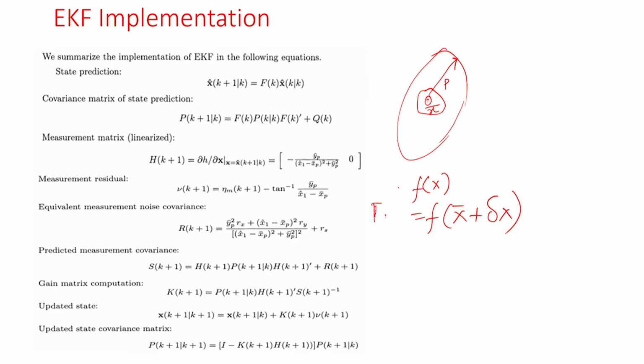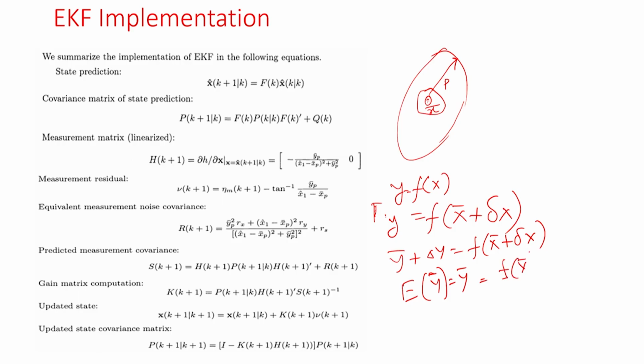If you call it y, then y bar plus delta y is equal to f of x bar plus delta x. Now, the expectation of y will be the expectation of f(x bar) plus the expectation of the derivative of f times delta x, plus higher order terms.